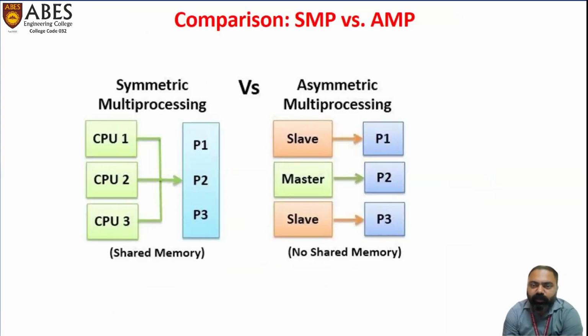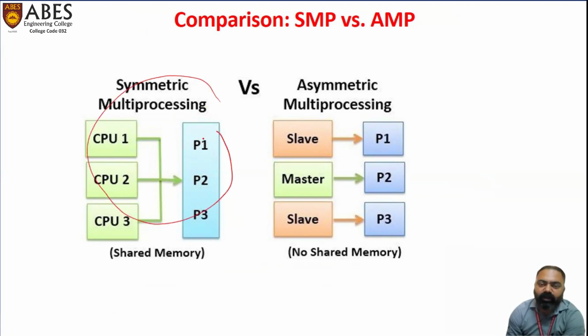Now, the difference between symmetric and asymmetric multiprocessing. Here is a diagram for symmetric multiprocessing. Here you can see there are processor 1, processor 2, processor 3, CPU 1, CPU 2, CPU 3, all sharing the memory, and the load is distributed among all those processors.